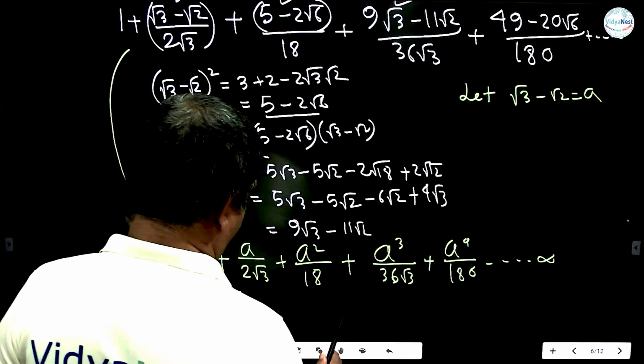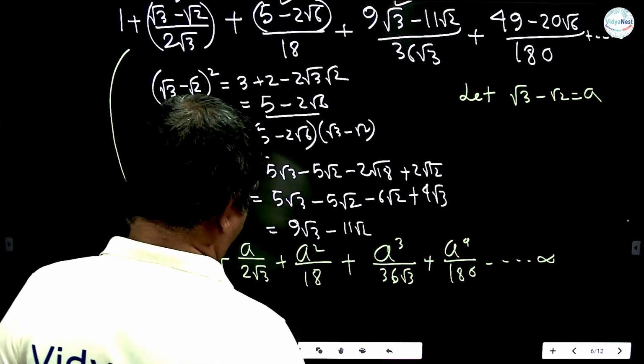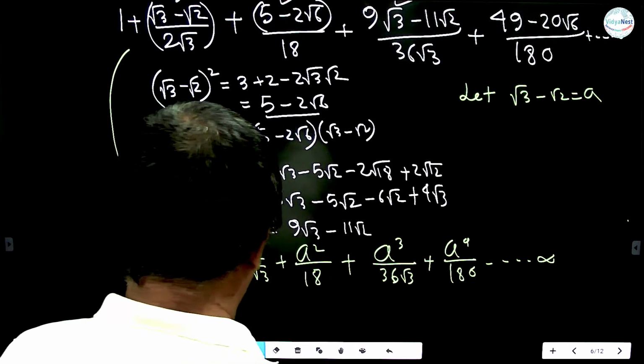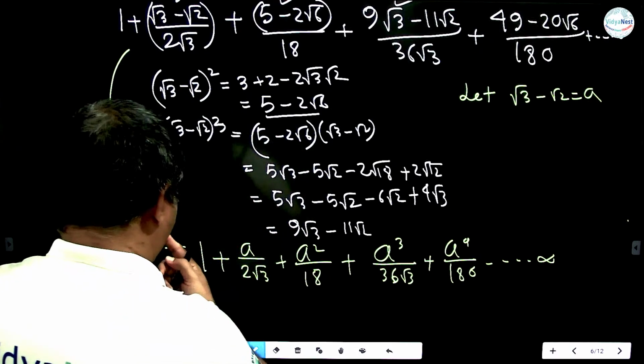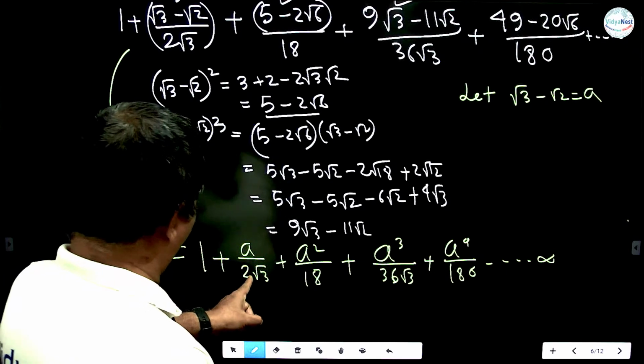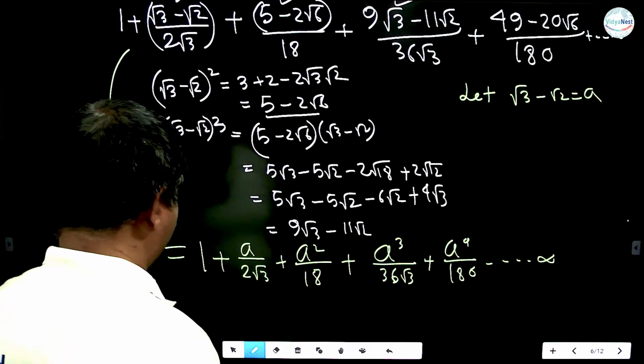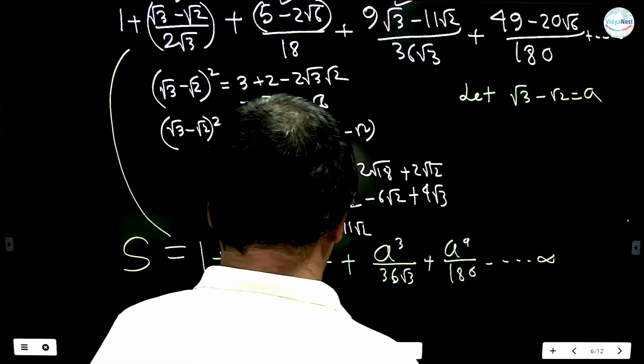Just wait. A square, 180. 2 root 3, it looks like 2 root 3 whole square. It is 3 root 2 whole square is 18. That mistake is being done.